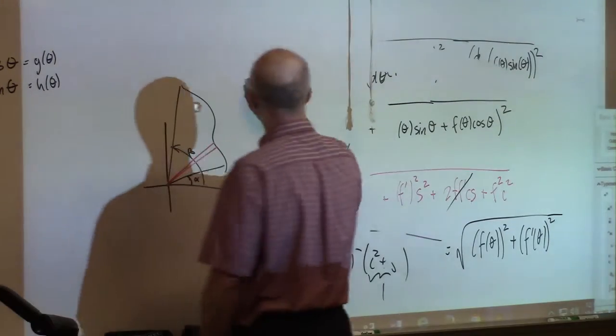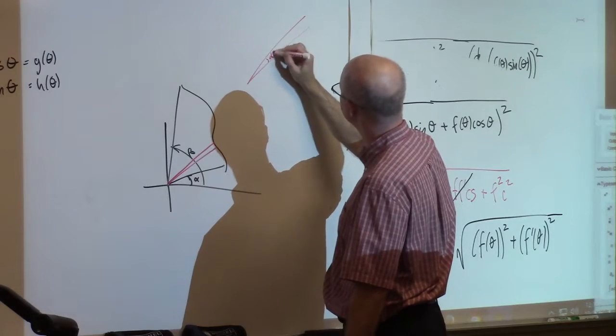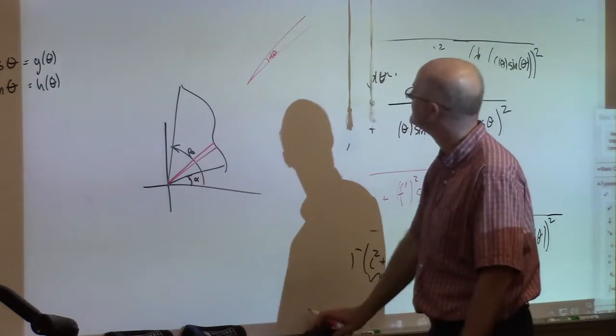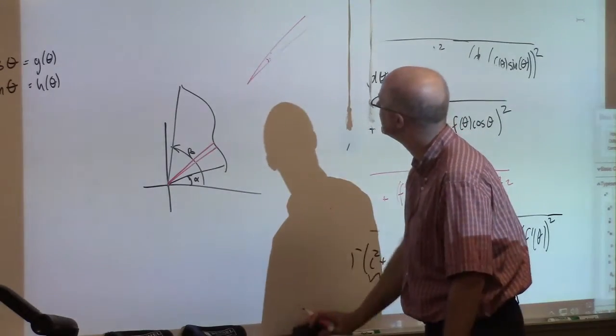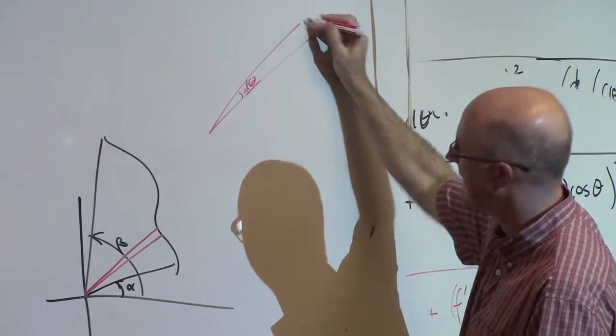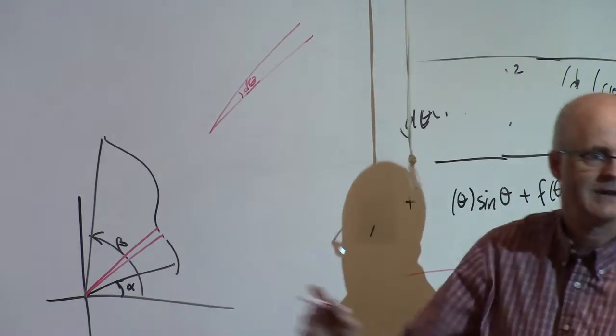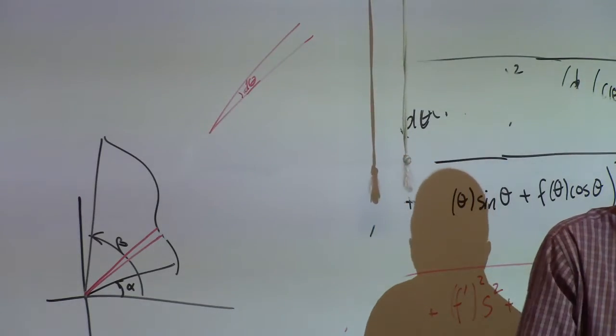But if you imagine infinitesimally, to have an infinitesimal angle there, d theta, at the end of that, even though it's not an arc of a circle, if theta is really small, it would be approximately an arc of a circle.